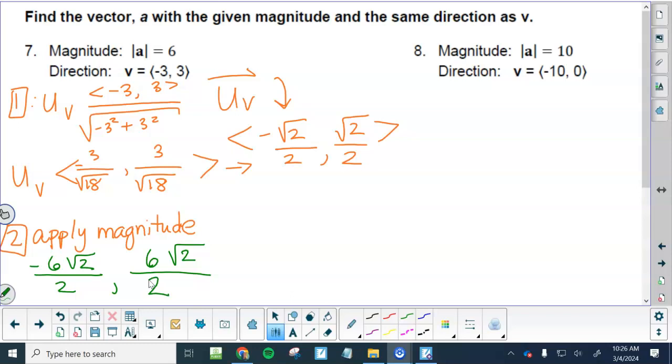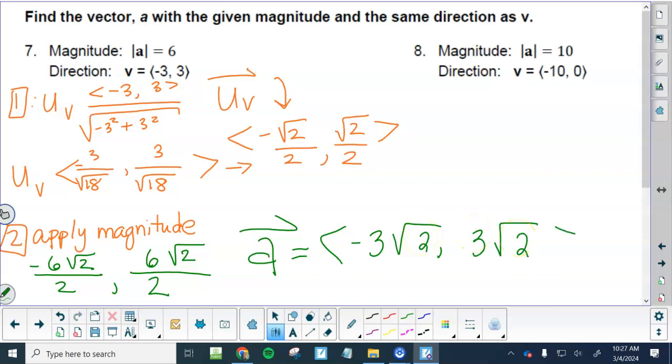No. Our final answer, the vector that we are looking for, let's write our symbols. Vector A is going to be negative 3 root 2, positive 3 root 2. Any questions on that?